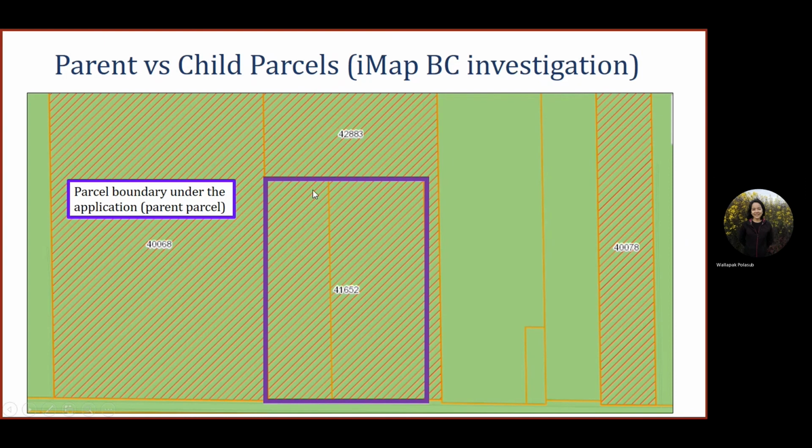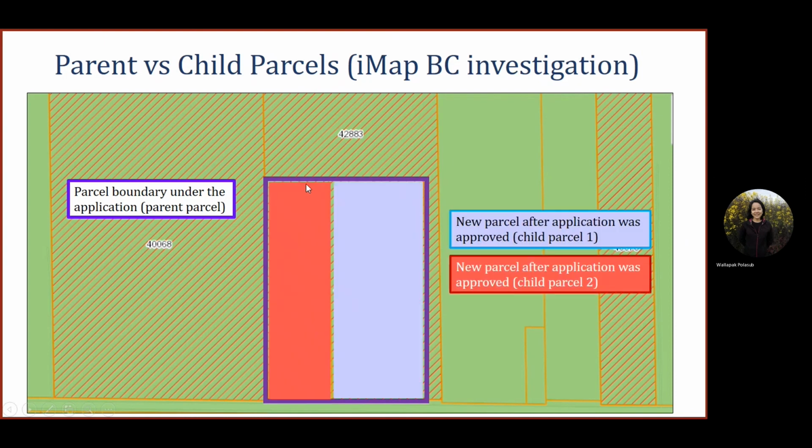The original parcel is called the parent parcel, and the two new parcels created after the application was approved are called child parcels. In this case, we have child parcel 1 in light purple on the right, and child parcel 2 highlighted in red on the left. The way we compare the change in farm class status is that if the starting original parent parcel was farm, then we compare it with the current farm class status of child parcel 1 and child parcel 2.